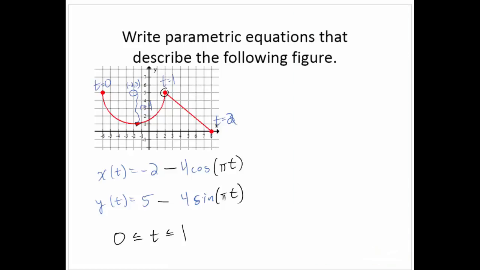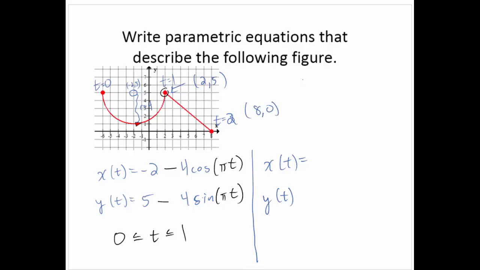All right, now, how about the other part? The other part's easy. We're going from t equals 1 to t equals 2. So the first point, well, let's see, that point is (2, 5). And at t equals 2, we want to go to (8, 0).